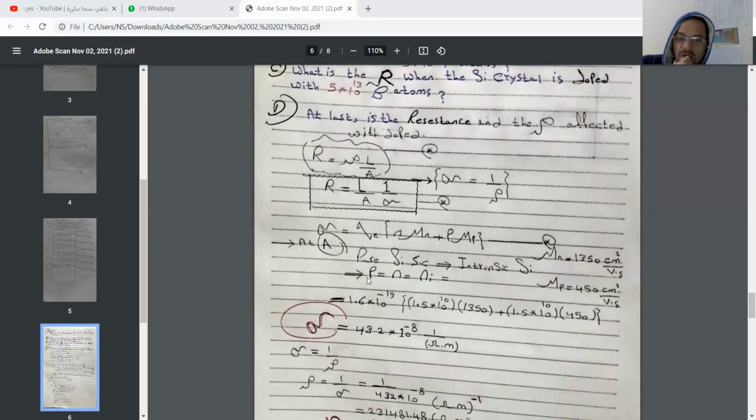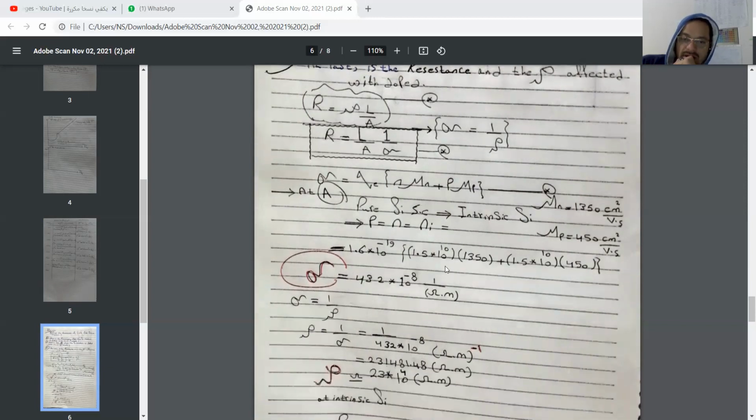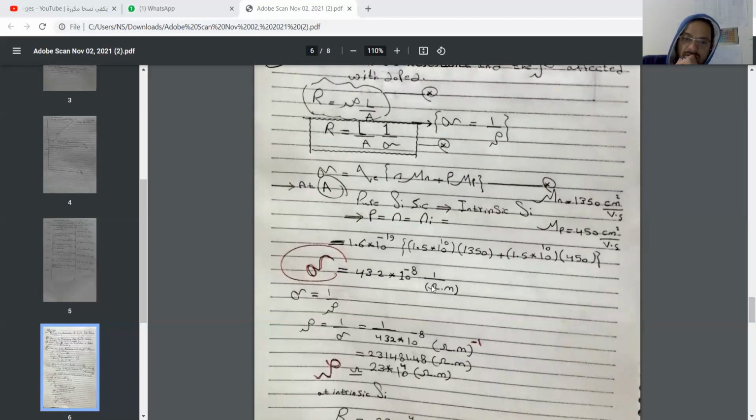In pure, intrinsic silicon, the concentration of holes equals the concentration of electrons, equal to the intrinsic carrier concentration, which, like we know, at room temperature in silicon equals 1.5 times 10 to the power of 10. Let's put all of these results here and calculate. Here the conductivity equals 432 exponential minus 8, in the unit ohm dot meter to the minus 1.